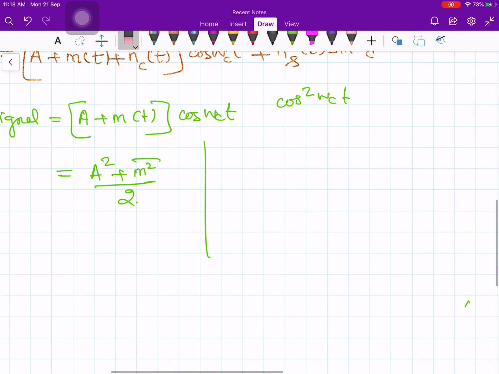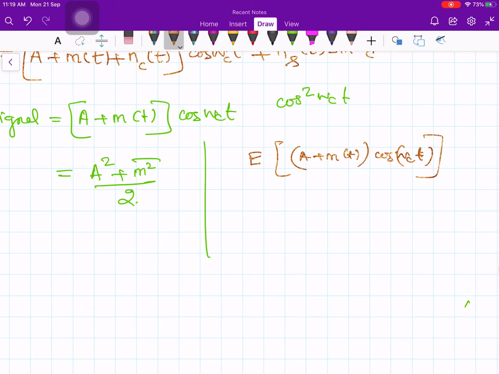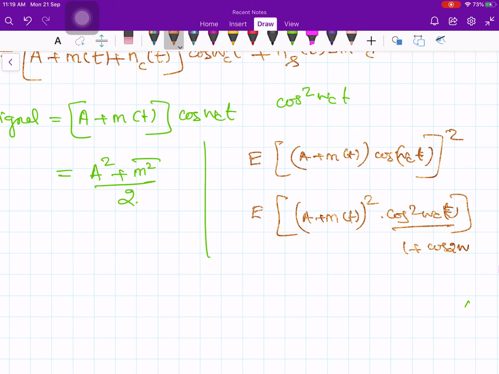So expected value of a plus m of t times cos of omega ct, and this whole thing will be squared. So this is going to be a plus m of t the whole square times cos squared of omega ct, and this cos squared omega ct becomes 1 plus cos 2 omega ct by 2, multiplied by a plus m of t the whole square.